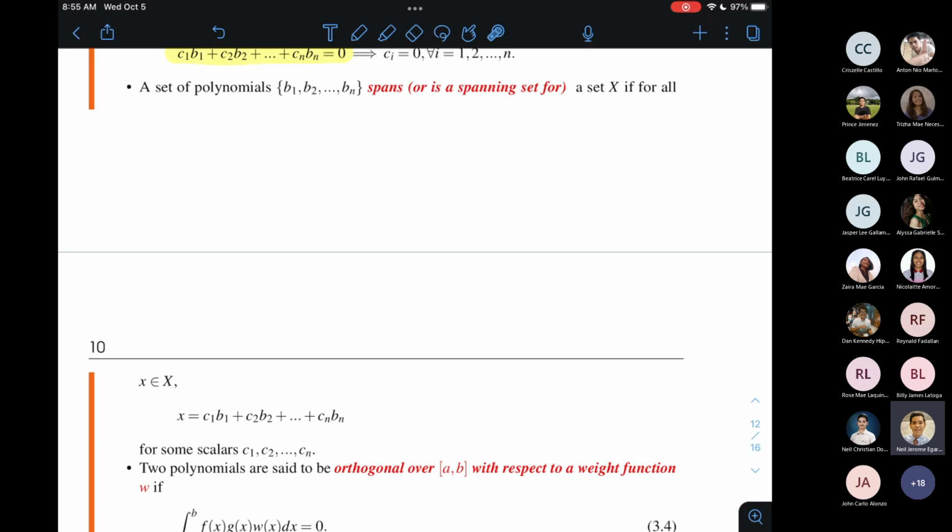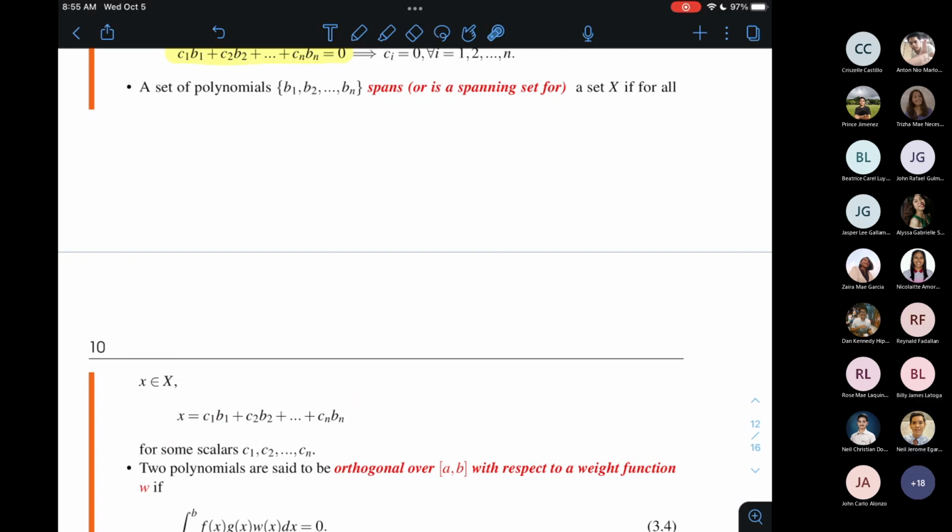Kaya mong isulat lahat ng elements ni capital X as a linear combination. Ito yung tawag natin sa linear combination. Constant times yung mga elements ng mga sets, tapos kukunin mo yung summation ng mga product. So ini-span ng set na to si capital X kapag lahat ng elements ni capital X, say little x, ay kaya mong isulat in this manner.